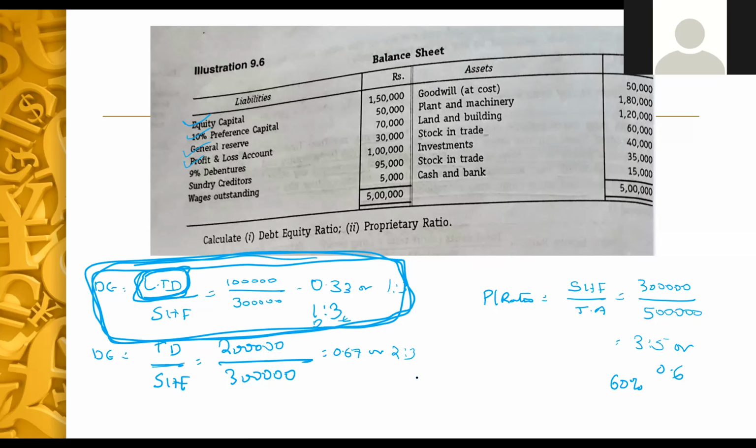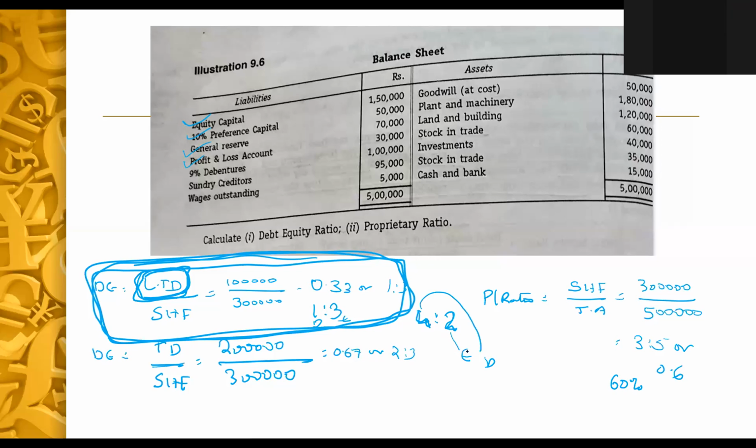Suppose the debt equity ratio was 4:2. For every 2 rupees of equity, 4 rupees of debt has been raised. Then debt is more. So what happens if debt increases?